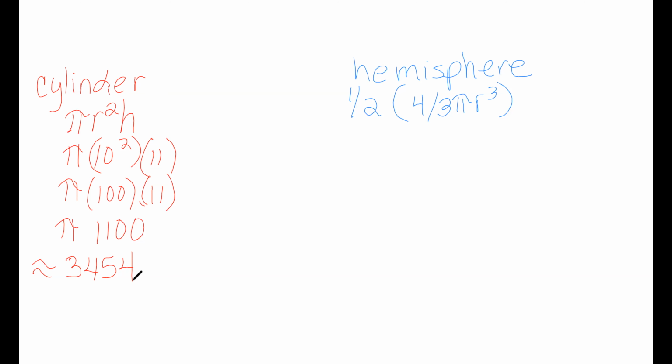If I know the cylinder and I got 3,454, the volume has to be more than that because it's a composite figure again. So I can eliminate the actual cylinder and anything less than that, and I have to pick D. Now, maybe on your test it might come out to be 2 things that are more than that, but you still at the minimum have a 50-50 chance of guessing correctly.